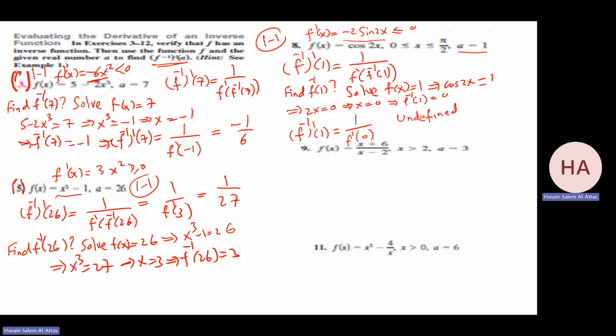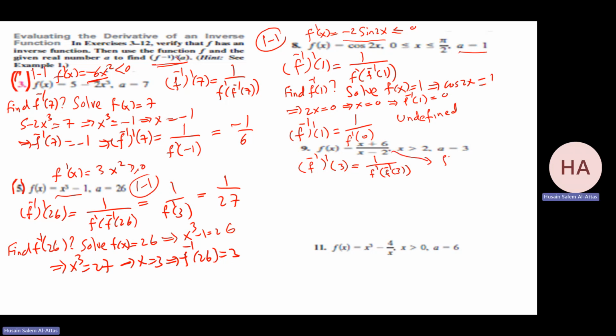That will be undefined. And f prime at 0 is 0. Okay, this one, I know that f inverse prime at 3 equals 1 over f prime at f inverse at 3. It's 1-to-1 why?